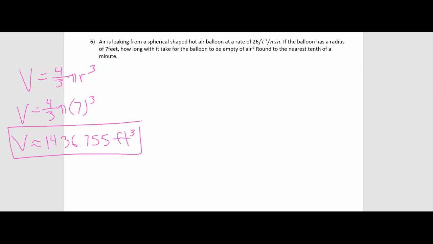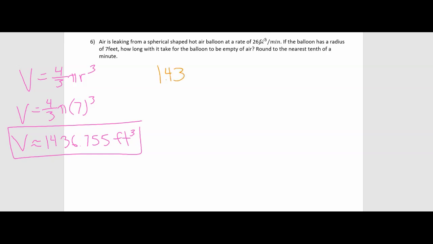Now it's losing 26 cubic feet per minute. So we got to think, all right, well, how do we decide how many minutes it will take for it to be empty? Well, we're just going to divide, right? If I divide, and I'm actually going to include the units here so you know what our units should be at the end. We know that they're going to be minutes, but let's show you why.